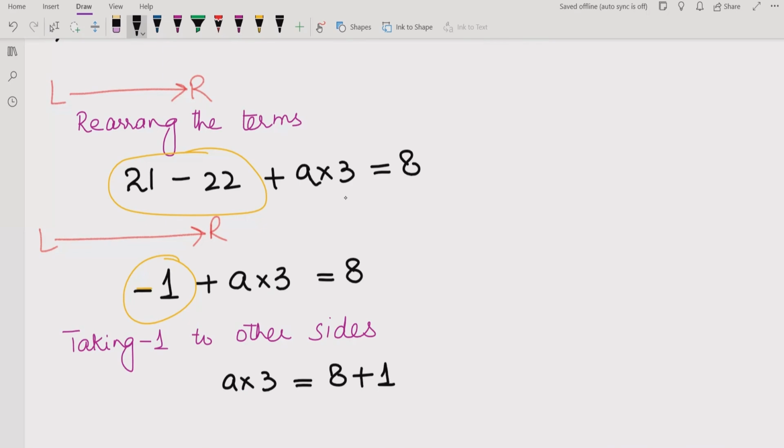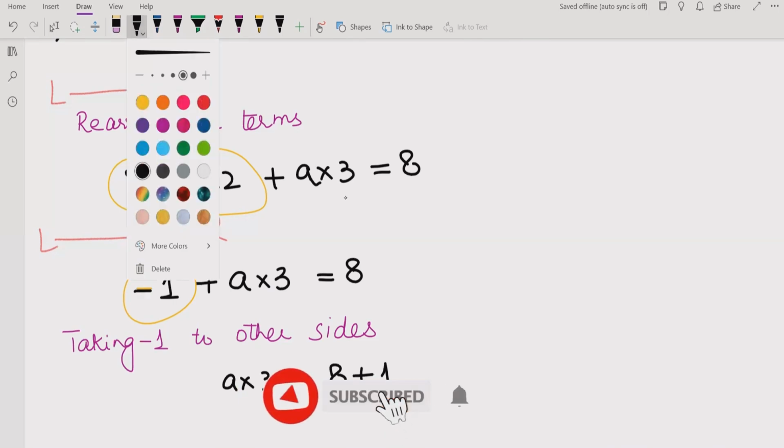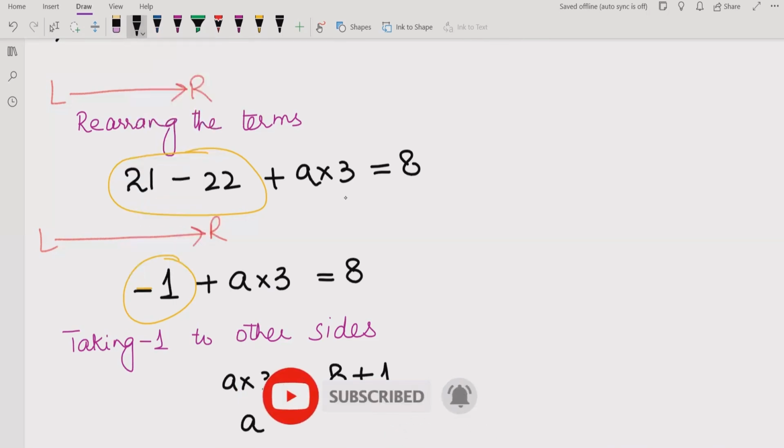You cannot write minus 1 on the right side, because when you move it to the right side the sign will change. Now we have the unknown term on the left hand side and the known numbers on the right hand side. Now we will solve this expression again. a multiplied by 3 equals 8 plus 1, which is 9.